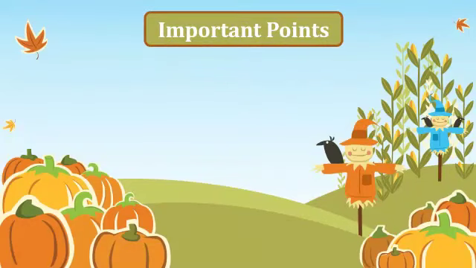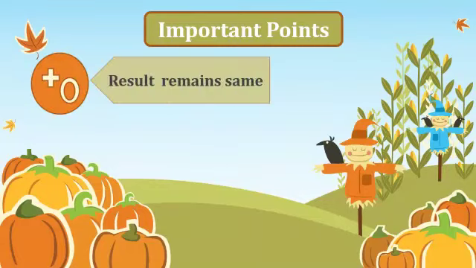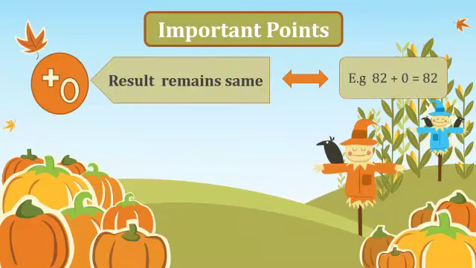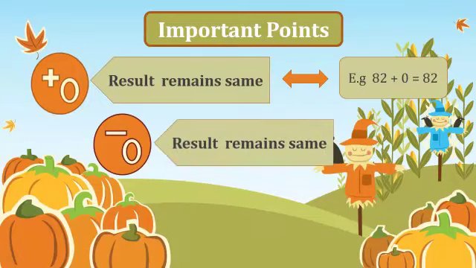Students, some important points to note here are, whenever you add 0 to any number, the result remains the same. For example, 82 plus 0 is equal to 82. Similarly, whenever you subtract 0 from any number, the result always remains the same.